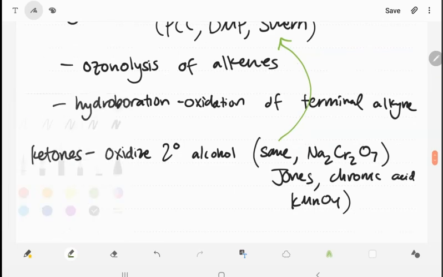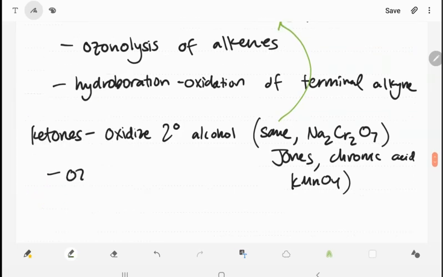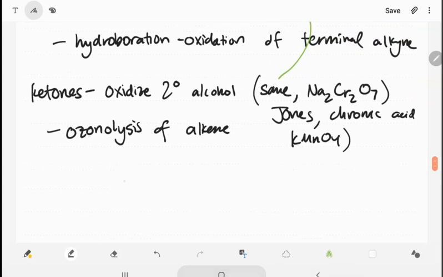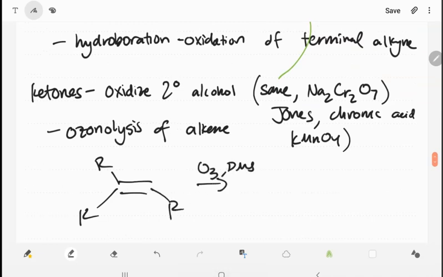Let's see, we could also do ozonolysis. Ozonolysis of an alkene. Remember that when you do ozonolysis of an alkene, you end up breaking it.